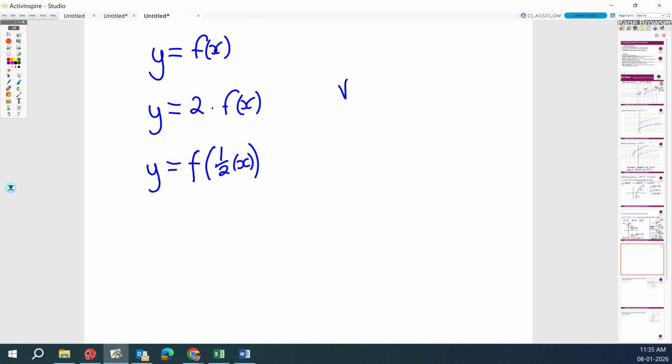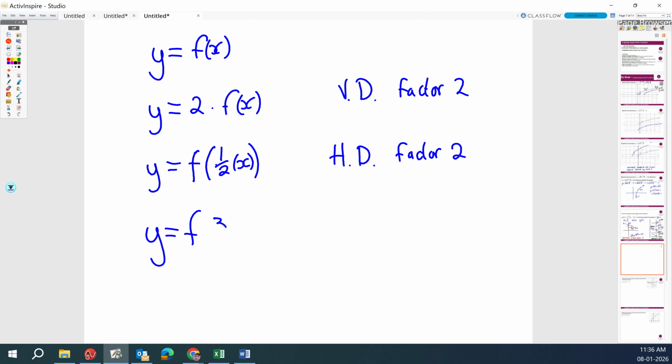This is vertical dilation factor 2. This is horizontal dilation factor 2.